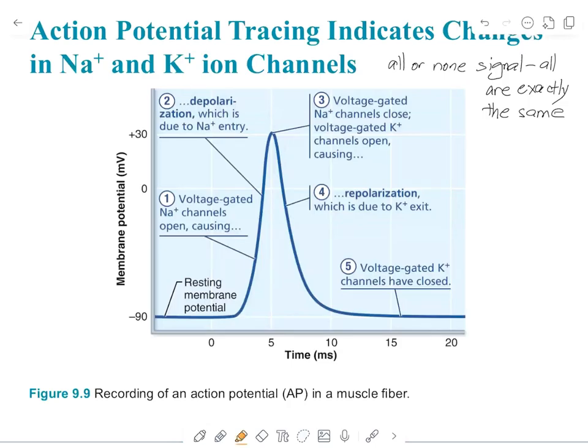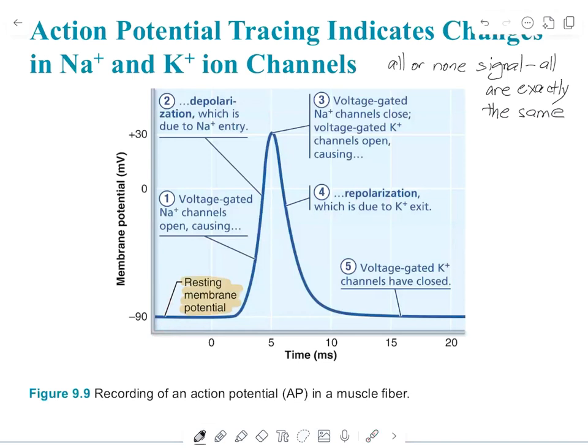So when a cell is at rest, the inside of the cell is more negative than the outside. So when they put an electrode into the inside of the cell, they discovered that compared to the outside of the cell, the resting membrane potential was negative 90 millivolts.